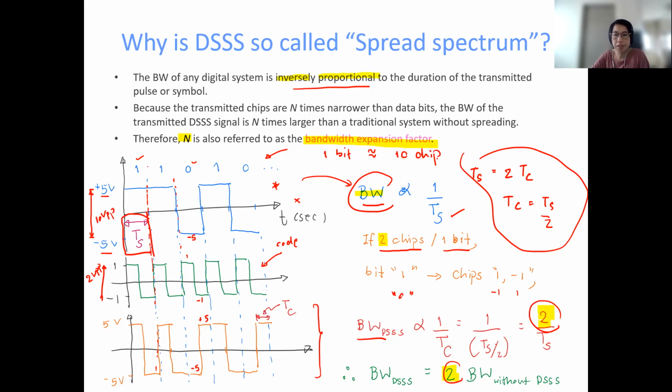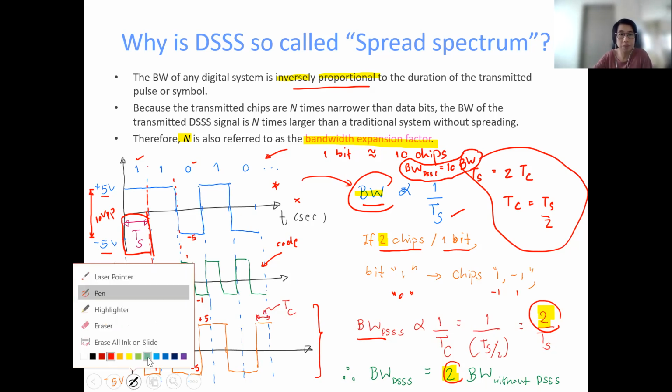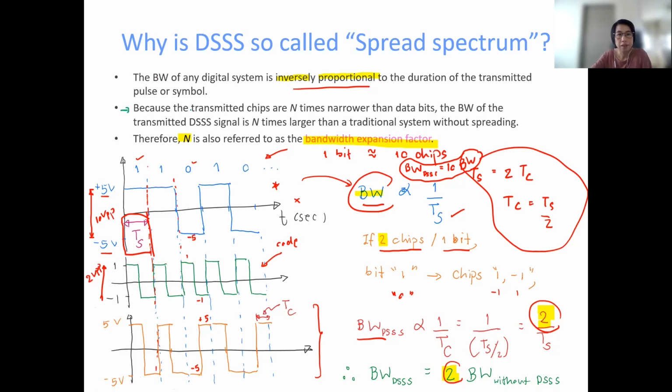If 1 bit represents 10 chips, it means that the bandwidth of the direct sequence spread spectrum becomes 10 times the bandwidth of the original signal, right? So if you want to make it wider, you have to make 1 bit become n chips, then you can achieve a bandwidth n times the original signal. Okay, any question? So if I like to make it in general terms here.